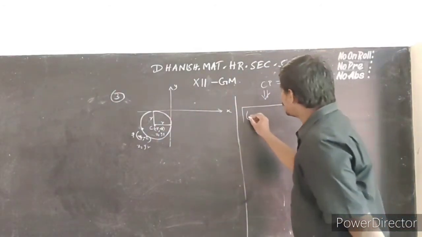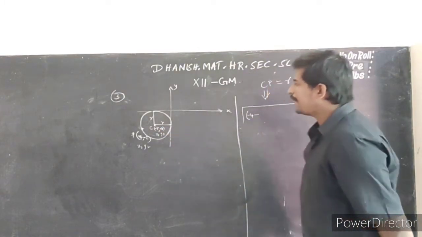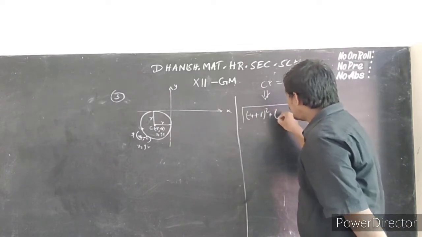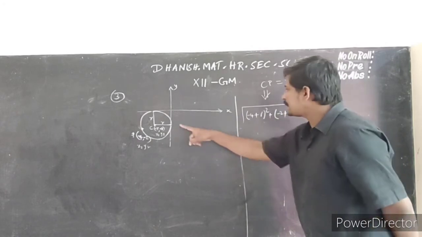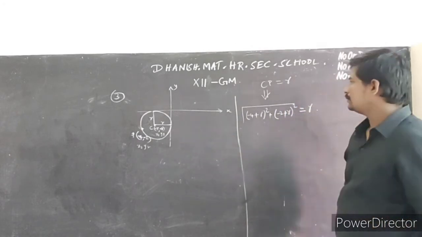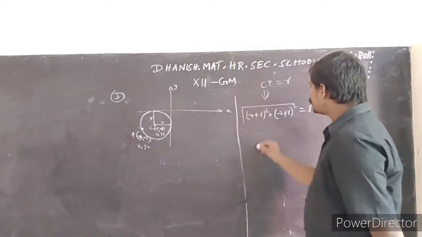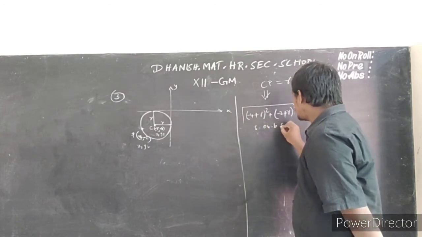Root of x2 minus x1: -4 minus (-r), so it will become plus r, whole square, plus (-2 plus r) whole square, equal to r. In order to remove the root, I am going to square on both sides.